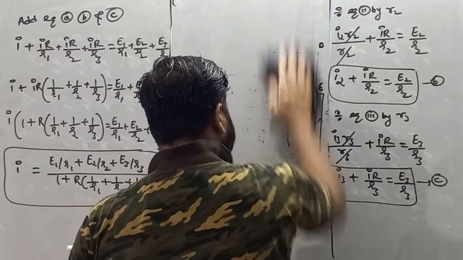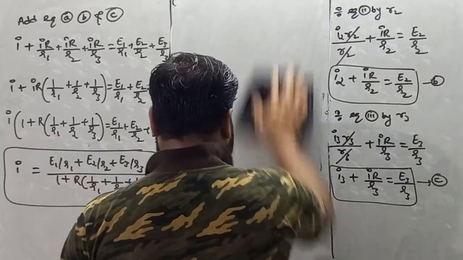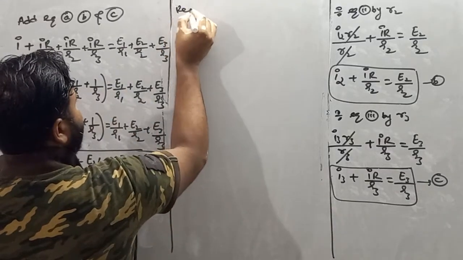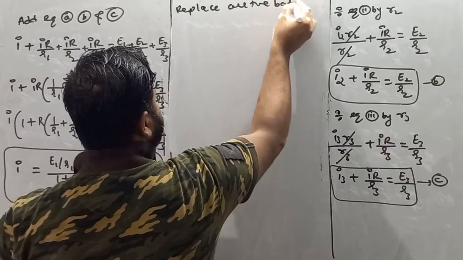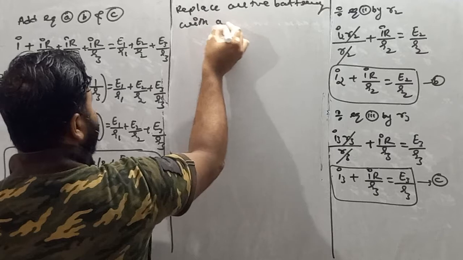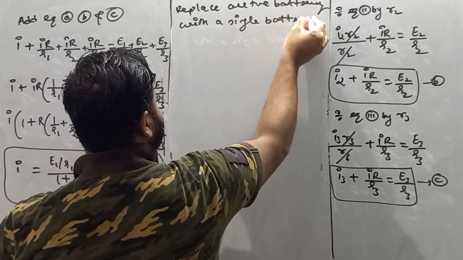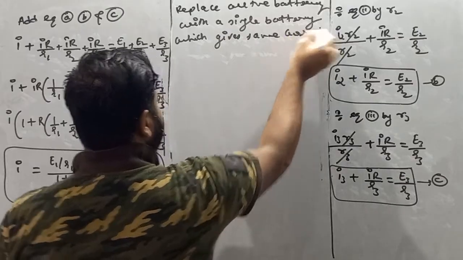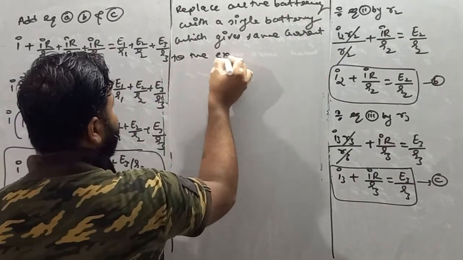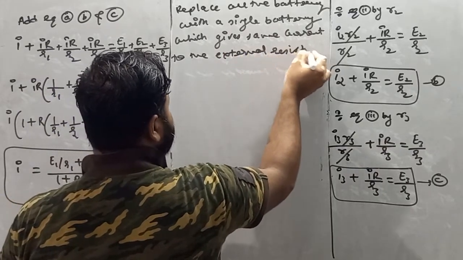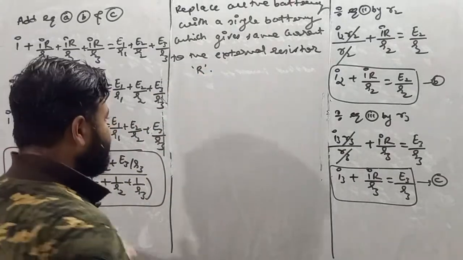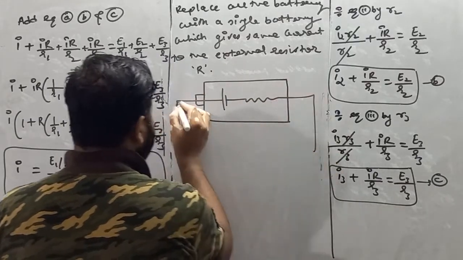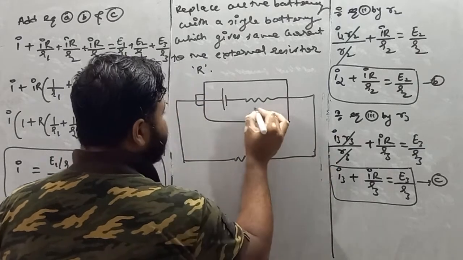I am writing here: replace all the batteries with a single battery which gives same current to the external resistor capital R. So see, my dear student, I am replacing all the three batteries with a single battery which gives same current to the external resistor whose resistance is capital R.